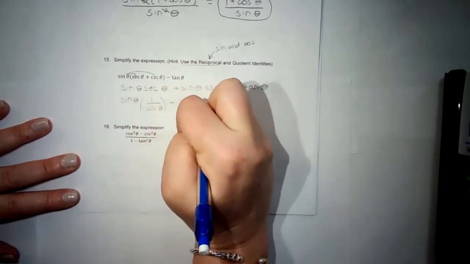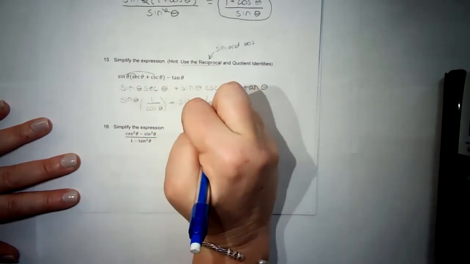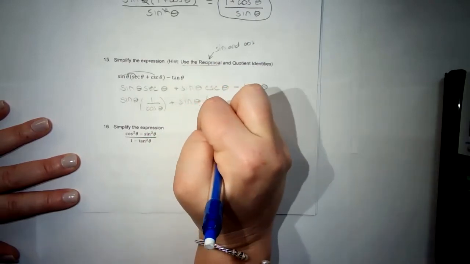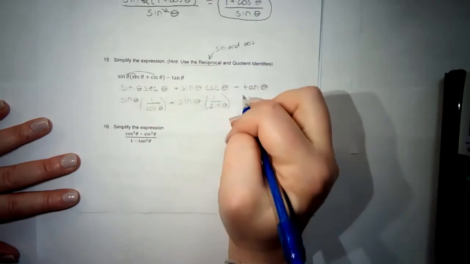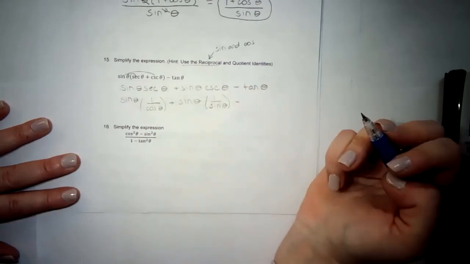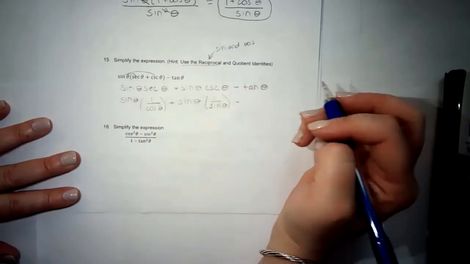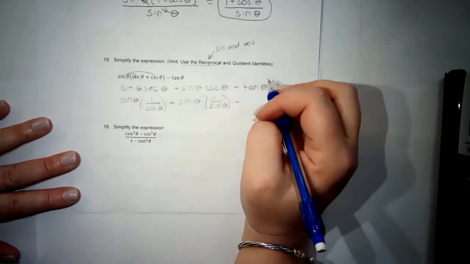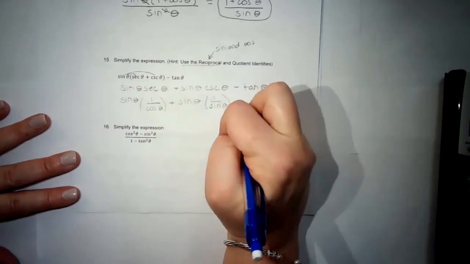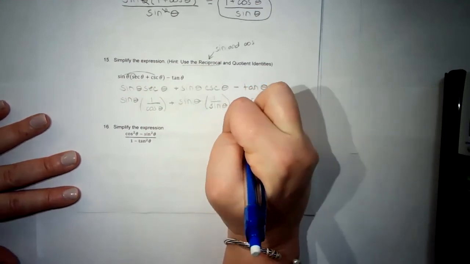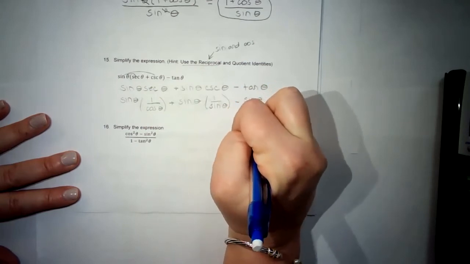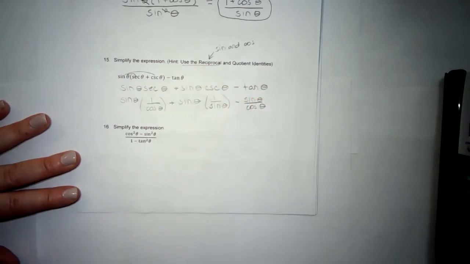Cosecant's going to change to 1 over sine. And then I'm also going to change tangent, because I want it in terms of sine and cosine. What's tangent? Sine over cosine. There we go.